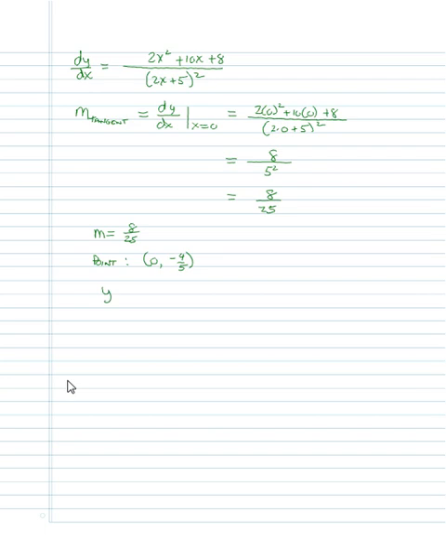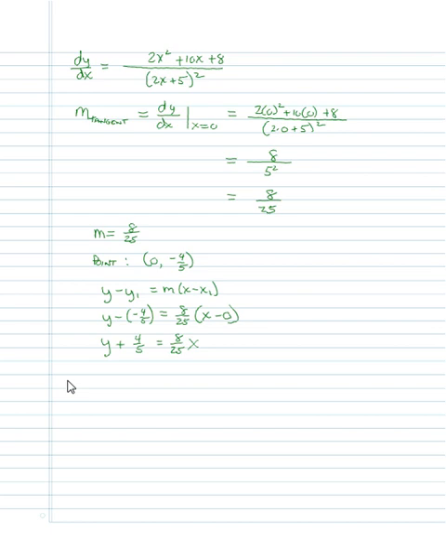So when we substitute into the y minus y sub 1 is equal to m times x minus x sub 1, we have y minus a negative 4/5. That's our y value, is equal to the slope, 8 over 25, times x minus our x value of the point, which is 0. So this becomes y plus 4/5 is equal to 8 over 25 times just x.